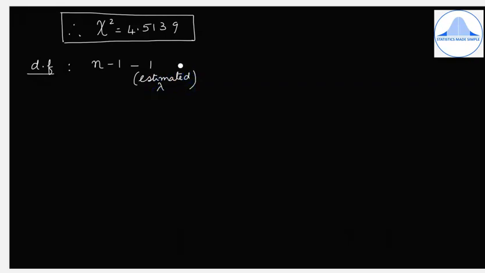Then we have pooled once, so we have to subtract 1. This one is because we did pooling once. So the degrees of freedom is actually n minus 1, and because the parameter of the Poisson distribution lambda was estimated, we subtract 1. And because we did pooling once, again we have to subtract 1.